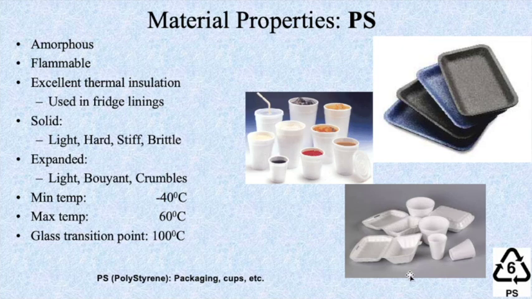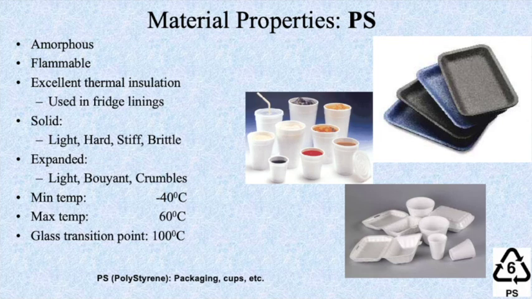As you can imagine, these products are very light, polystyrene, because of these properties. They are flammable, excellent thermal insulators. You can use them for insulation as well. They are used in fridge linings as well. So because of the properties, they are suitable for a specific type of application.